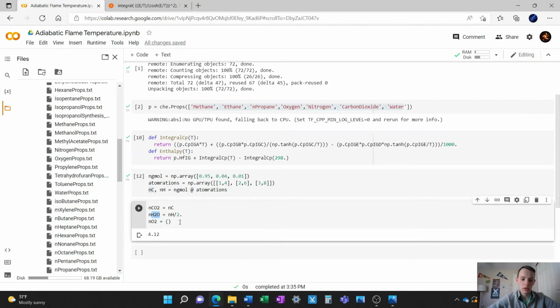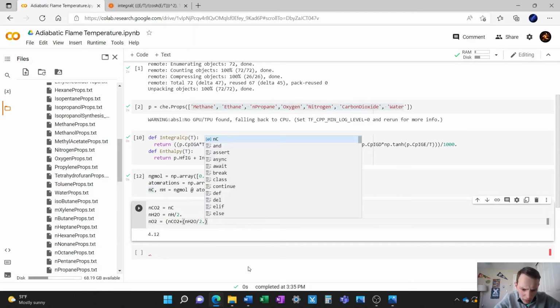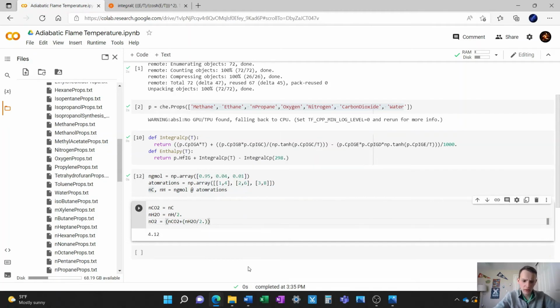Okay, so that means for the number of moles of O2 molecules that we have, it's just going to be NCO2 that we have above plus NH2O divided by 2. Okay, make sure I did that right.